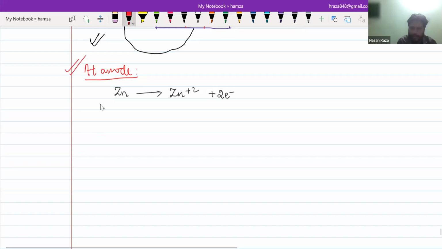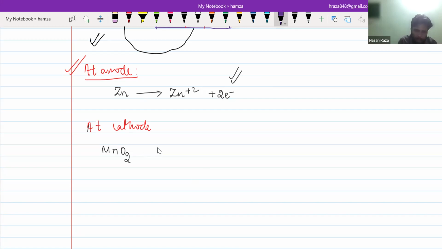We already studied that the oxidation will take place at anode. Then at cathode, there will be reduction. At cathode, reduction takes place. So which of these is reduced? You can see zinc is oxidized. That means 2 electrons are lost by zinc. So these 2 electrons will be gained at cathode.